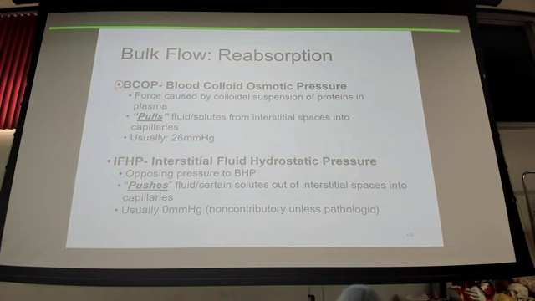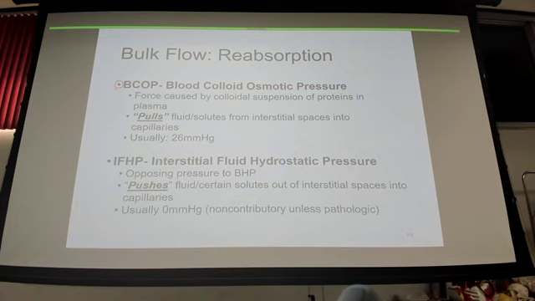And then interstitial fluid hydrostatic pressure. This is like a push pressure from the interstitial fluid. Usually, again, not contributory at all. Zero, you see? Because there should not be a sufficient pressure in the interstitial space, in the fluid surrounding the cells, in the fluid surrounding the capillaries, that would be able to push anything into the vasculature. Does that make sense? Because why?